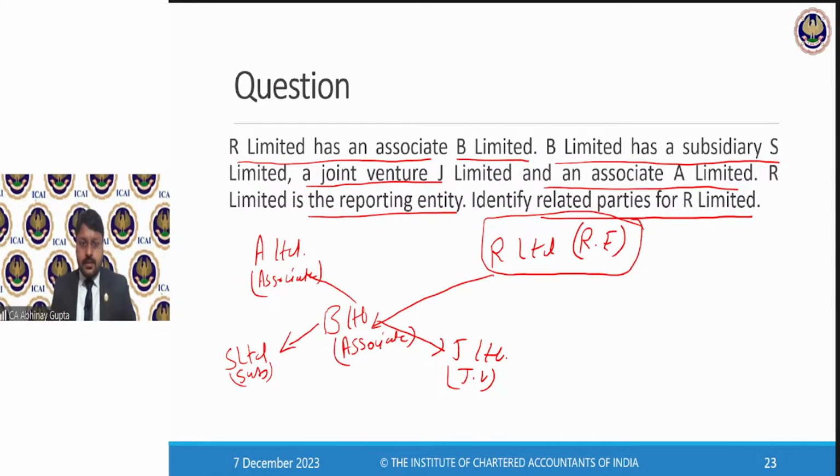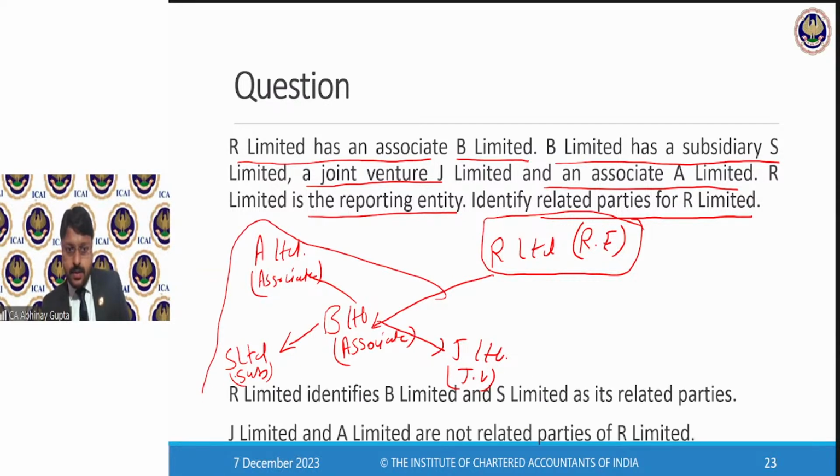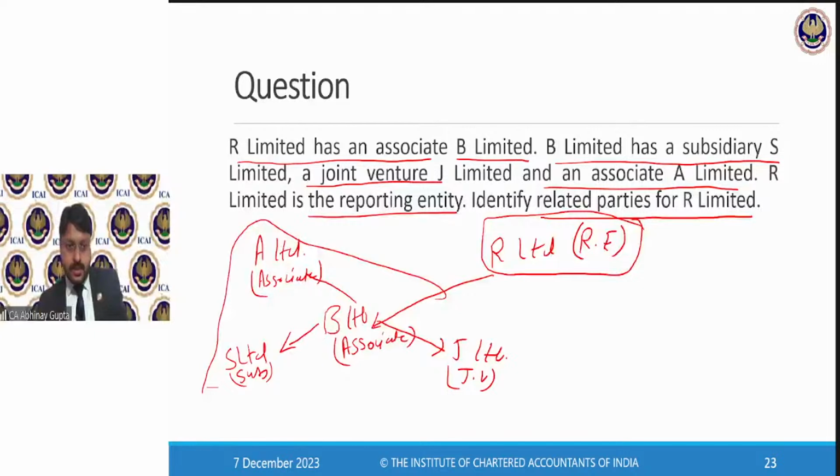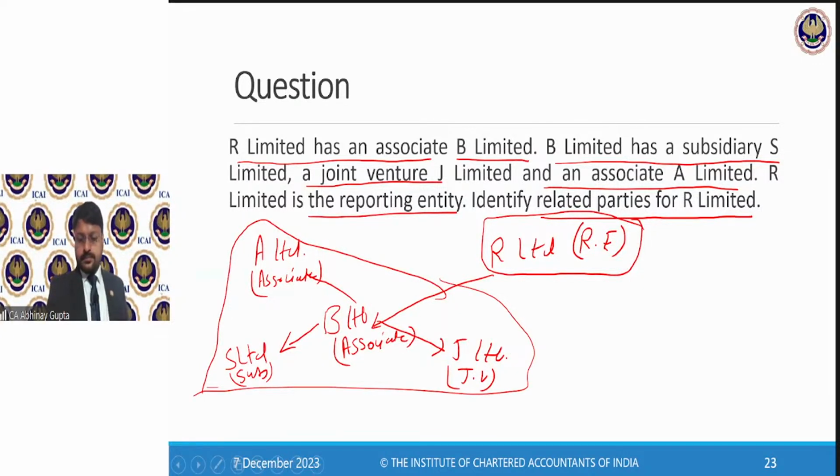So A, B, J, and S. Just type which of these four you consider related parties. Tanisha is saying B Limited, S Limited are related.